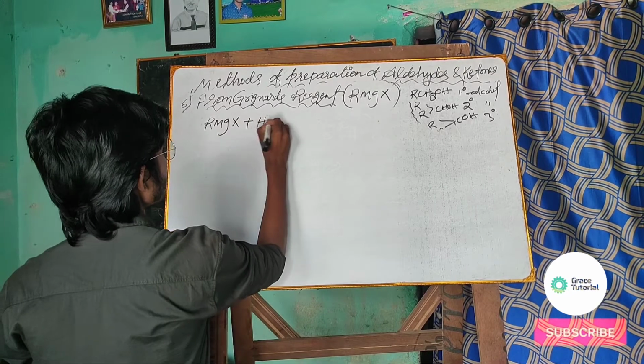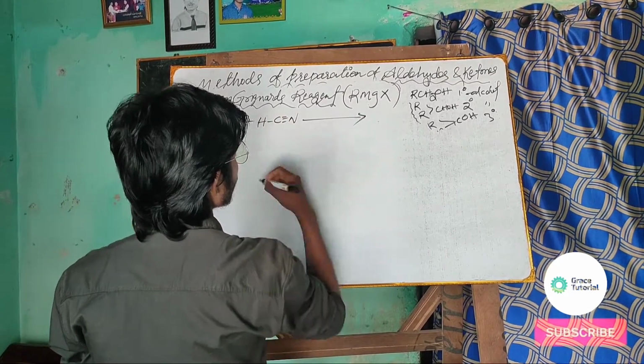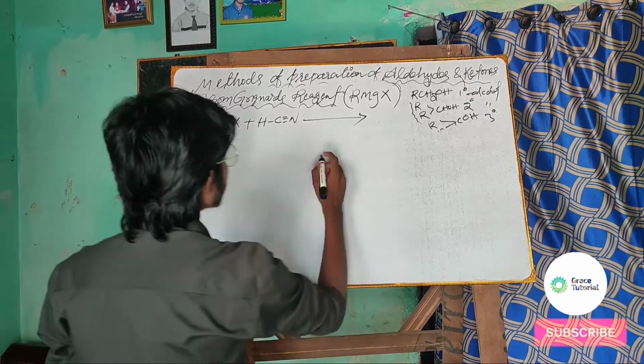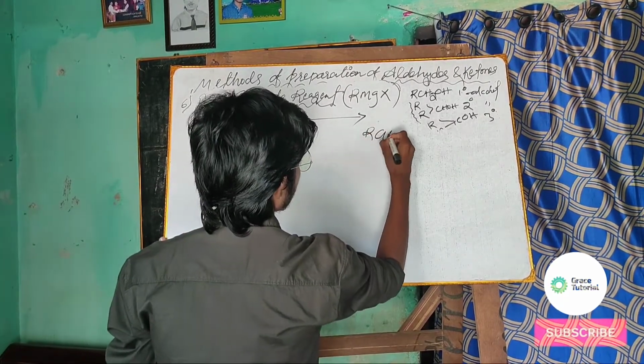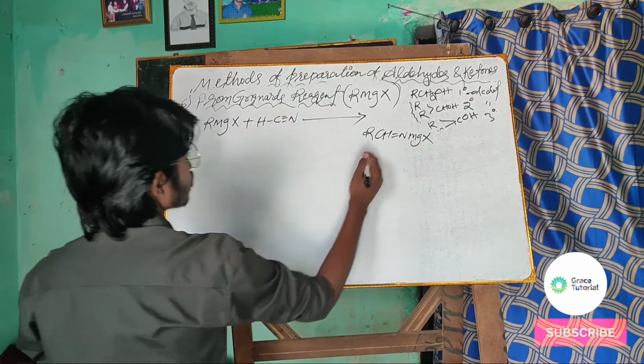When it reacts with hydrogen cyanide, or hydrocyanic acid, first of all it gives RCH=NMgX. First of all it gives the addition product.